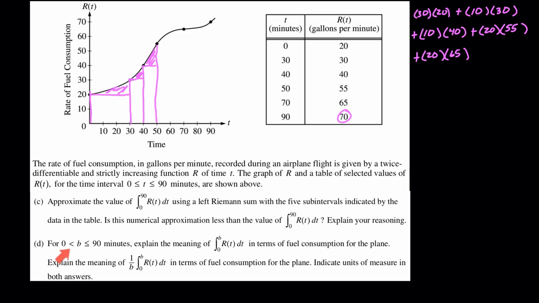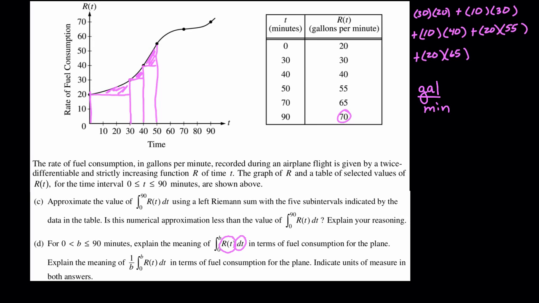So the next part here says for b between 0 and 90, explain the meaning of this integral in terms of fuel consumption for the plane. So I want to think about this in terms of our units. R of t right here is measured in gallons per minute. dt means delta t, which is change in time.